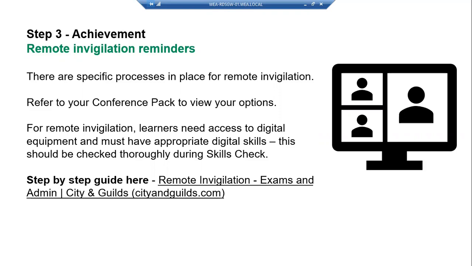Jill's obviously on the call, Jill Futcher. You know the wonders, the perils of remote invigilation. It requires a lot in terms of your learners needing very specific digital equipment and very specific and appropriate digital skills that need to be really checked thoroughly at the interview stage of a skills check.